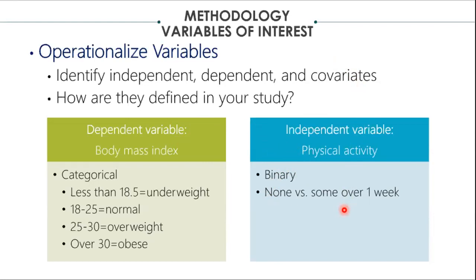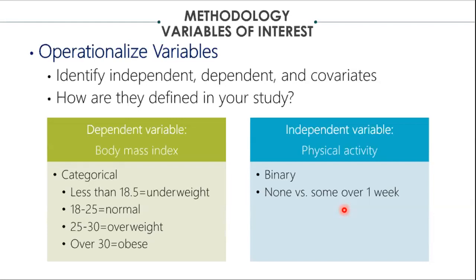So for example, in your research question, you might say, the purpose of this research question is to understand the association between depression and physical activity. So from that, we know that your two variables of interest are depression and physical activity.